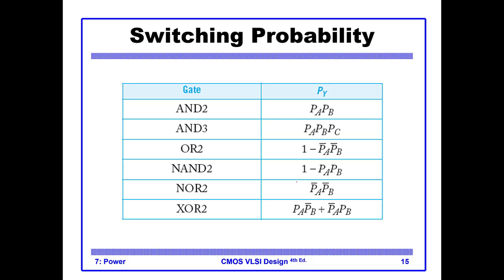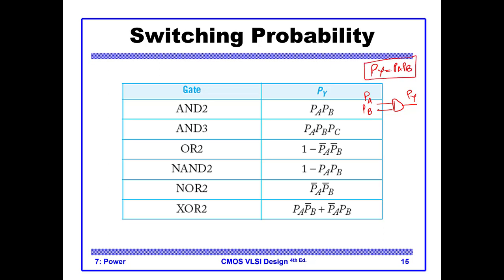For a 2-input AND gate, if this is our 2-input AND gate, this is our input A, this is our input B and this is our output Y, then the probability of the output being high is Py equal to Pa Pb.